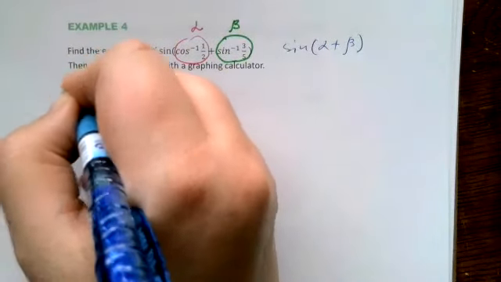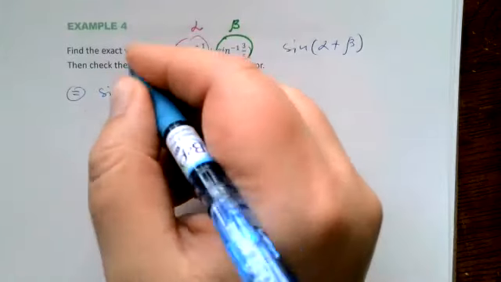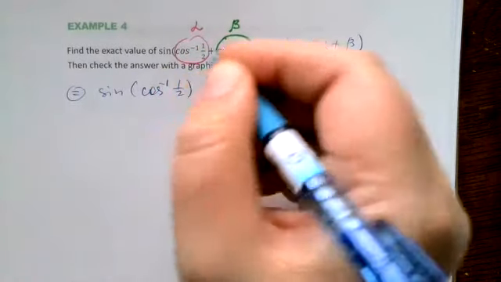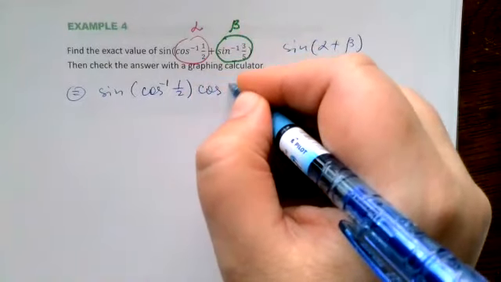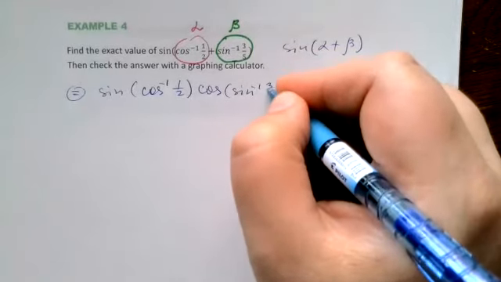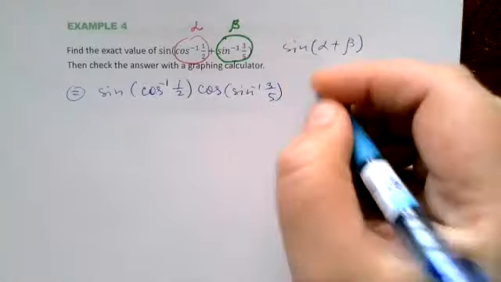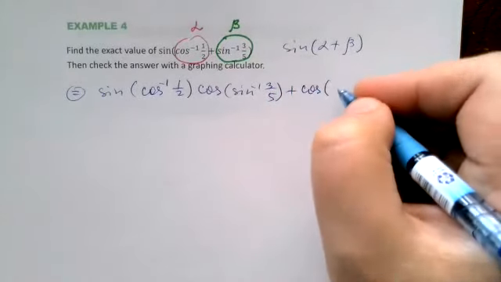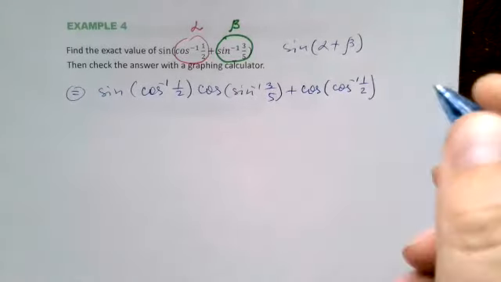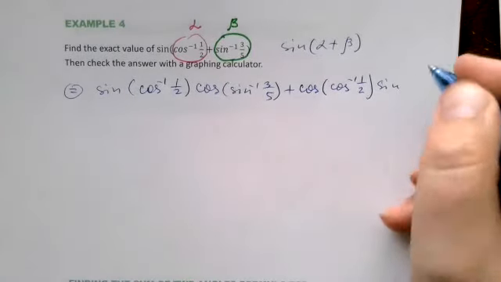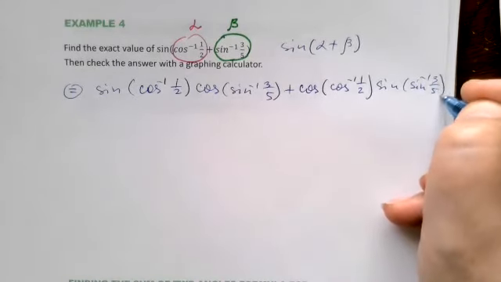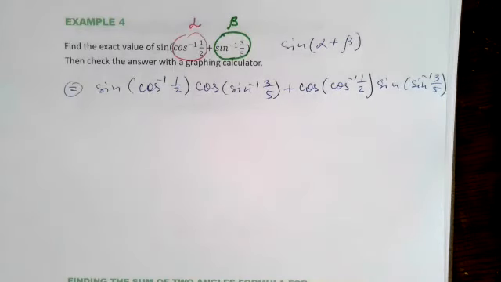So we're going to get sine of the first angle, which is inverse cosine of 1/2, times the cosine of the second angle, which is the inverse sine of 3/5, plus the cosine of the first angle, which is the inverse cosine of 1/2, multiplied by the sine of the second angle, which is the inverse sine of 3/5.